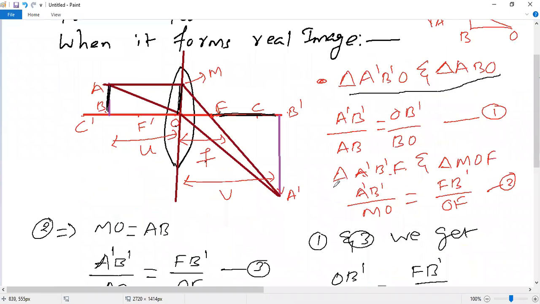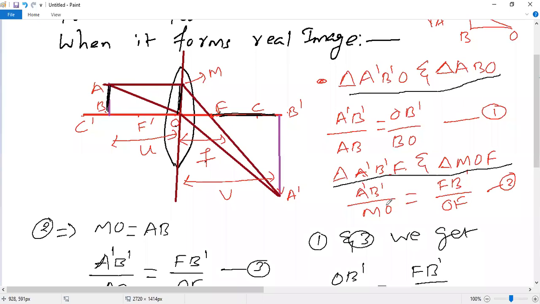Now, second step. The second step is relevant to the focus: A dash, B dash, F, and next, OMF. In this triangle, this small portion, same formula, it is also similar.